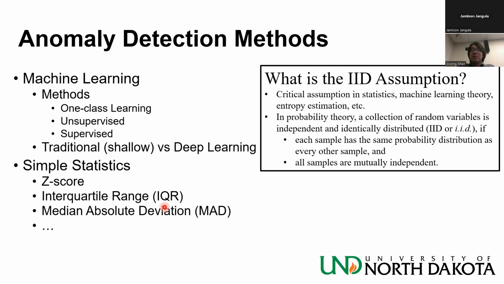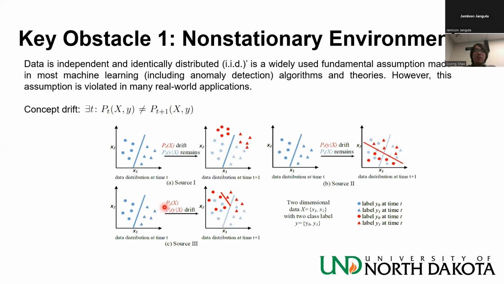For anomaly detection machine learning algorithms, at least, usually you will assume your normal data follows the IID assumption. But the problem is, the majority of machine learning based anomaly detection algorithms rely on the data sampled from a fixed probability distribution.